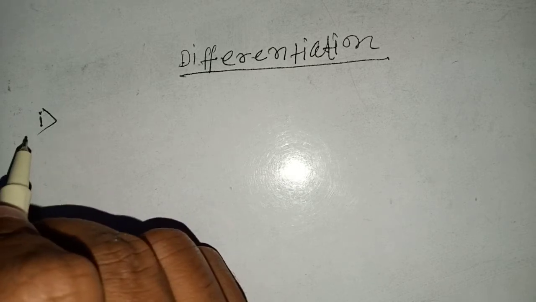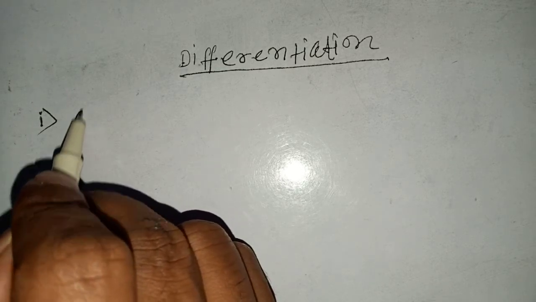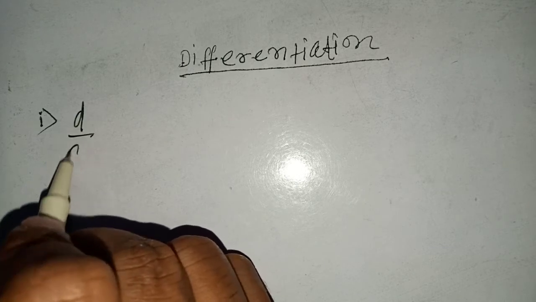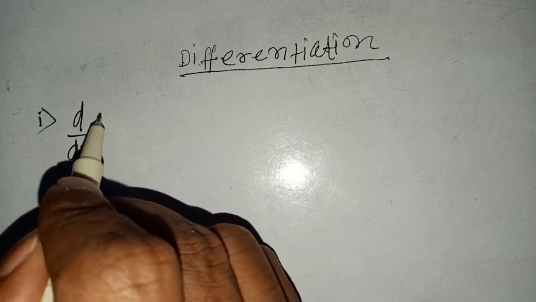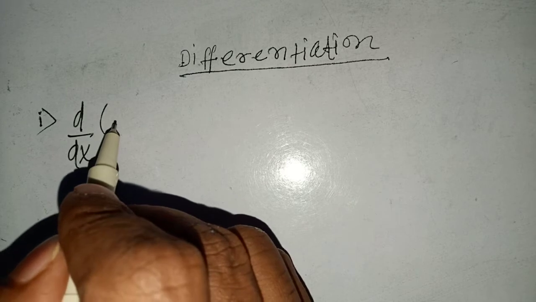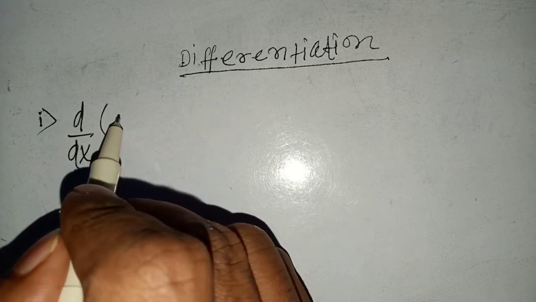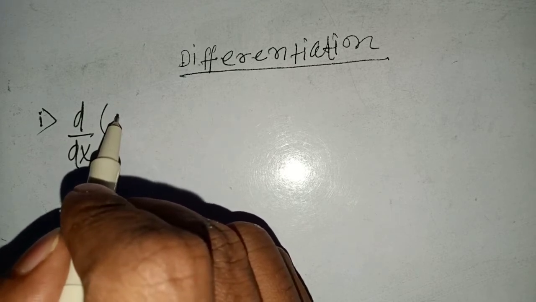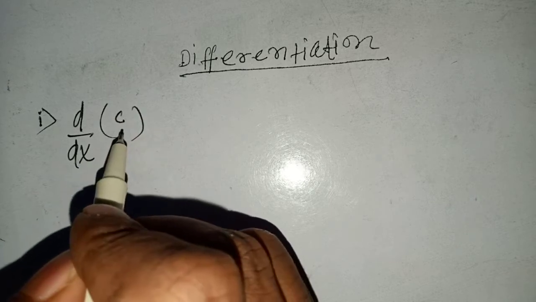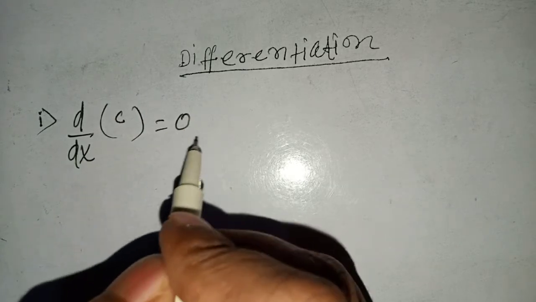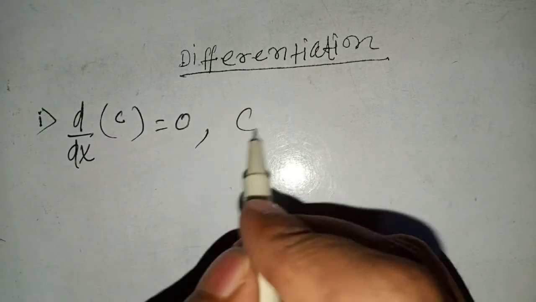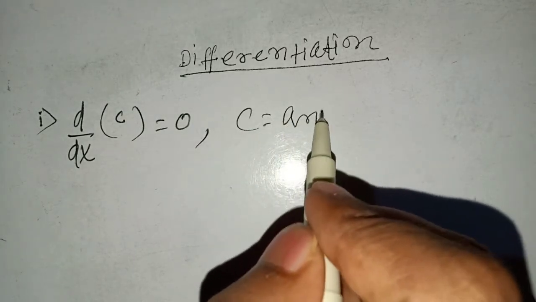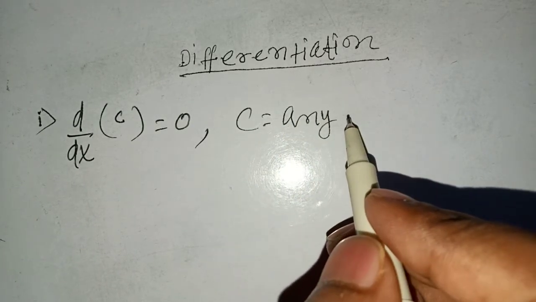Number 1, dy by dx of any constant, let's say the constant is c, is equal to 0, where c is any constant.